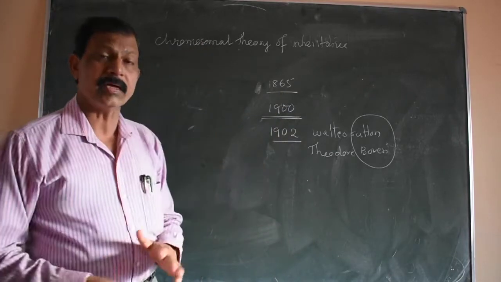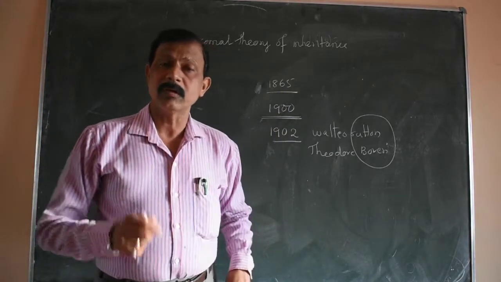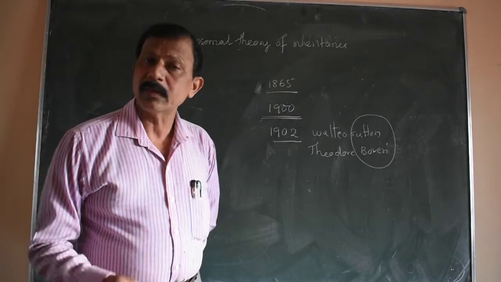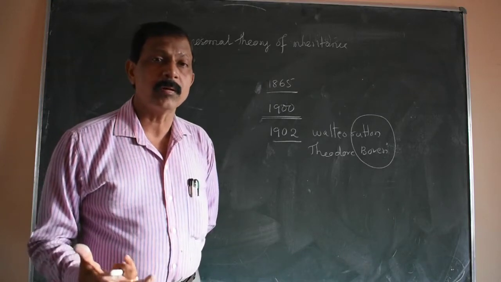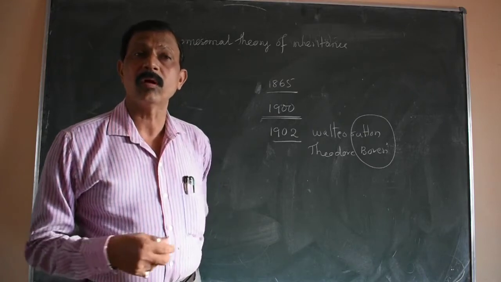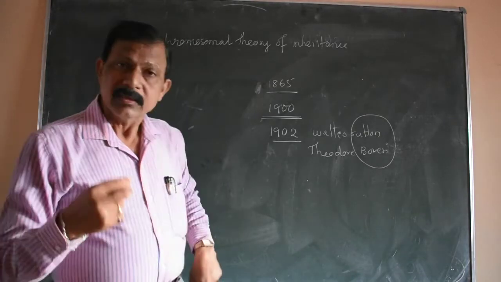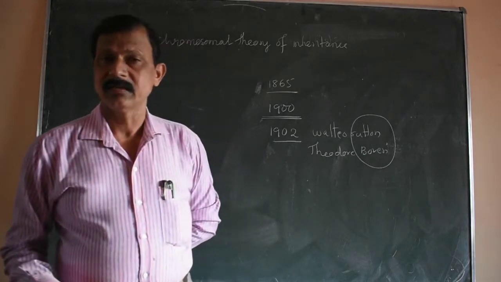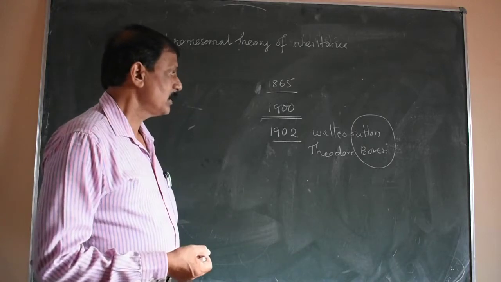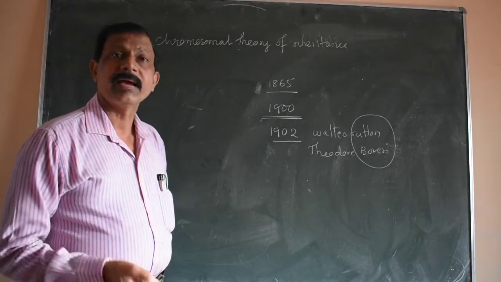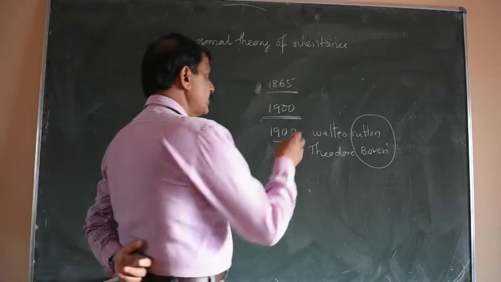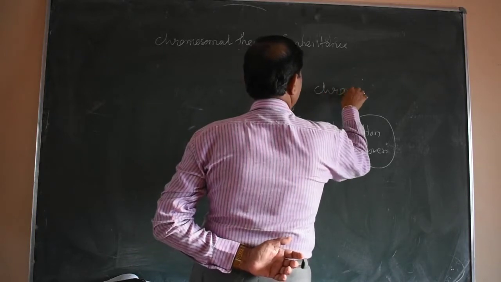At that time the cell was studied, the nuclear material was discovered, and microscopes became more and more advanced. People began to know more about genetics and cell biology. Sutton and Boveri studied the nucleus, and they came to know that the nucleus contains the chromosomes.